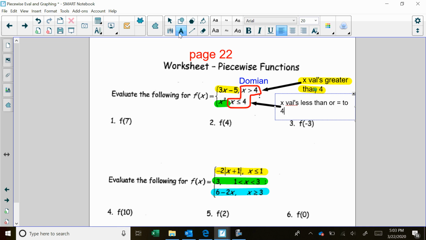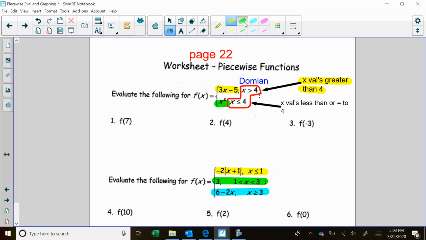And we'll make that blue or green because that matches what we're talking about. So what are some numbers that are less than or equal to 4? Well, 0, 1, 2, 3, and 4. So this part of the problem is going to tell you which numbers to plug into each one of these.